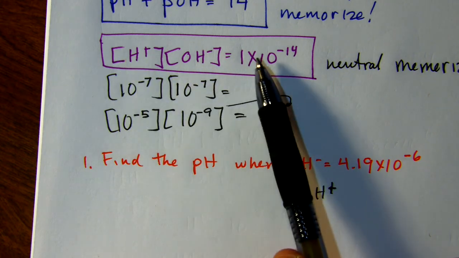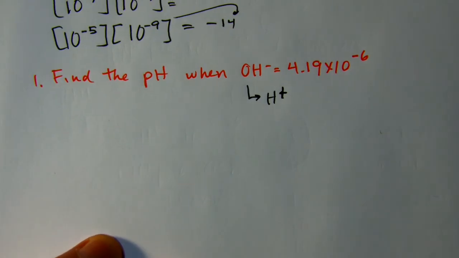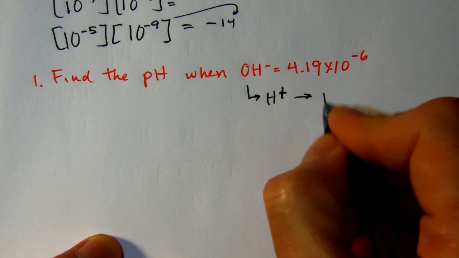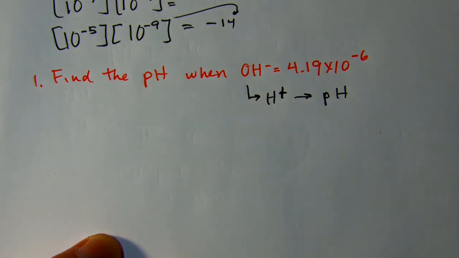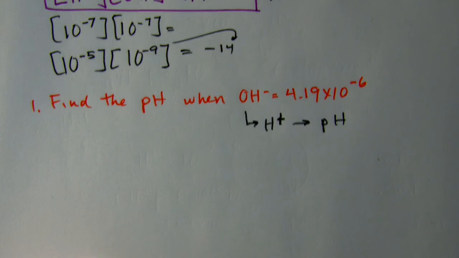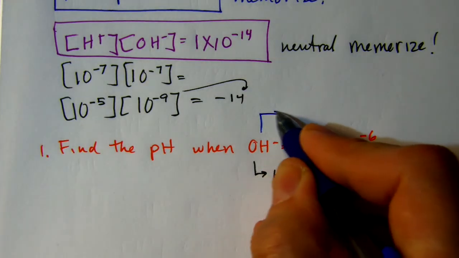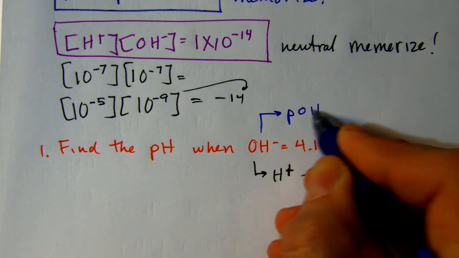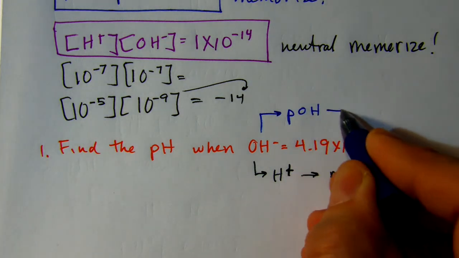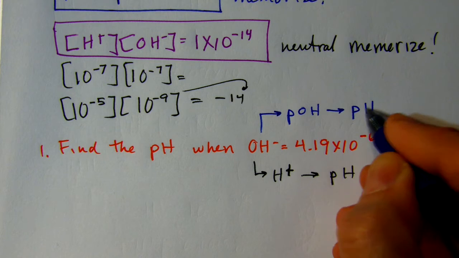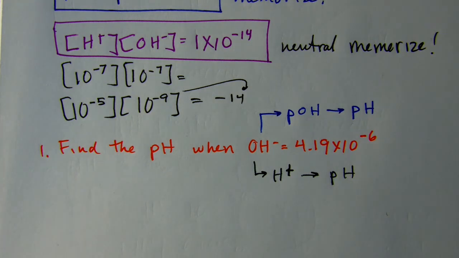So you can do that. That's one way. Get H plus first and then turn that into pH. Or here's another route. You could take this OH, calculate pOH first, and then find pH. There's 2 ways to do it.